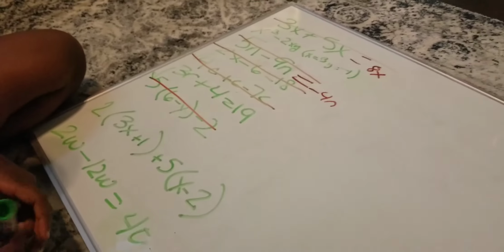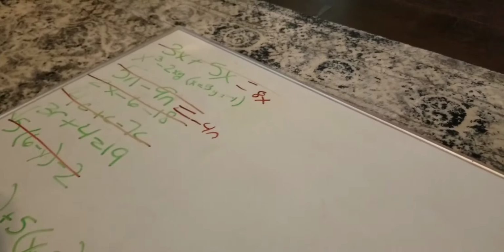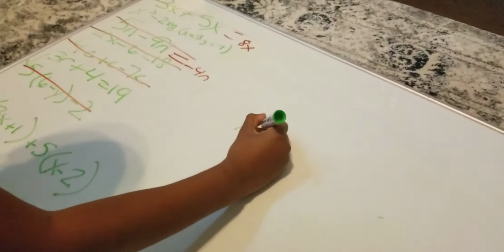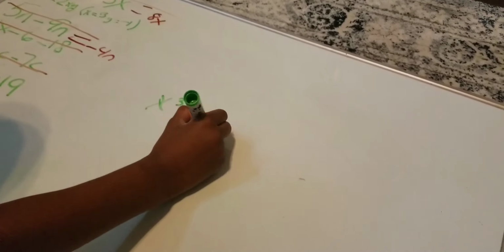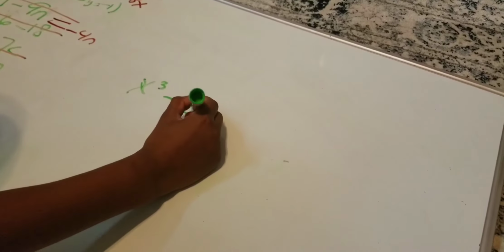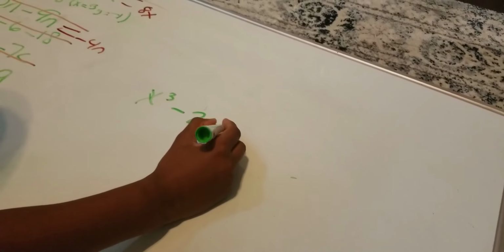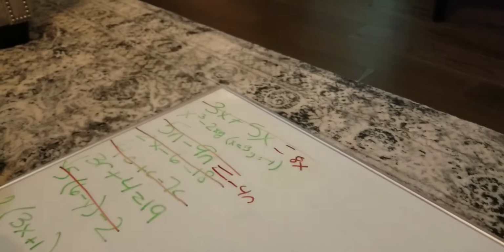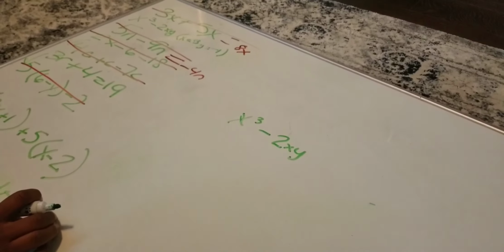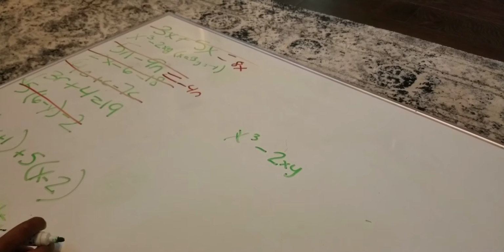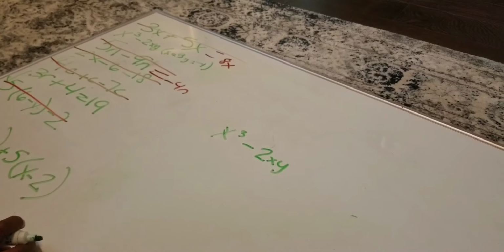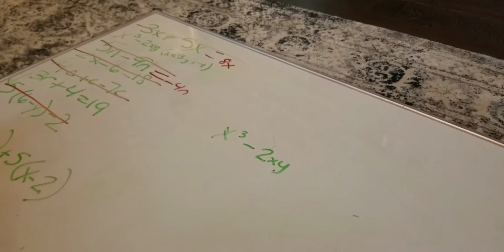Okay, let's rewrite it. X cubed. Can you write it up here? That's too close to the other problem. You have all this space over here. There you go. Nice and big. X cubed minus. Okay, that's it. All that other stuff tells you what each variable stands for. So I always tell you, if you are rewriting a problem, before we start solving, what do we do? Listen to my question.